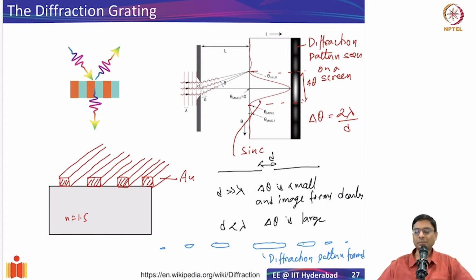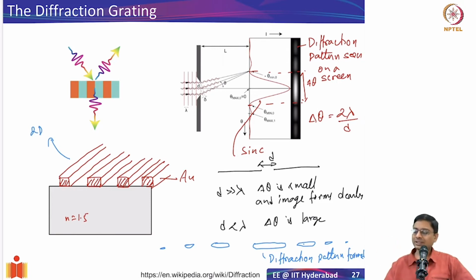So why does this help us? The reason it helps us is my array of these objects, like gold lines, let's say. I can think of it as a two-dimensional photonic crystal, or rather I will not even call it 2D.